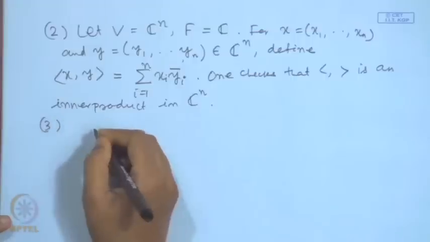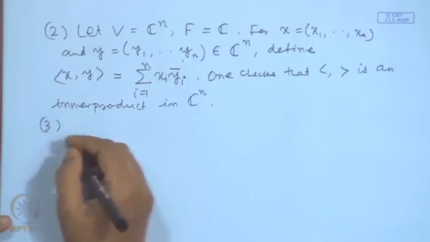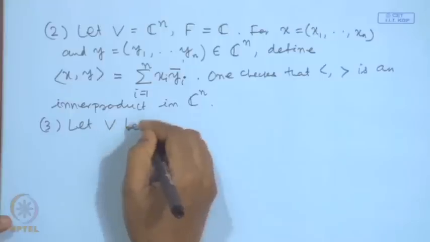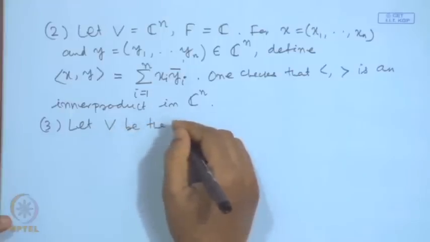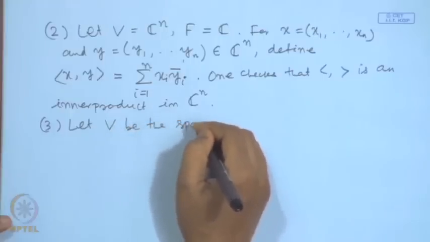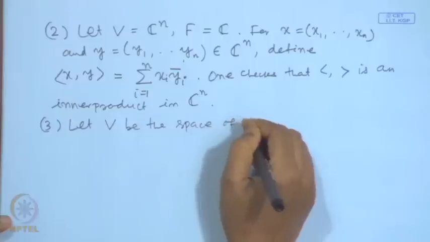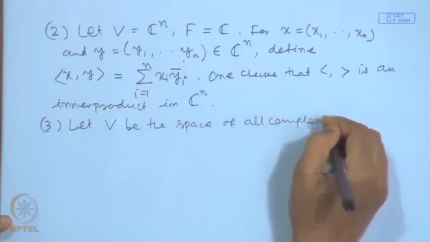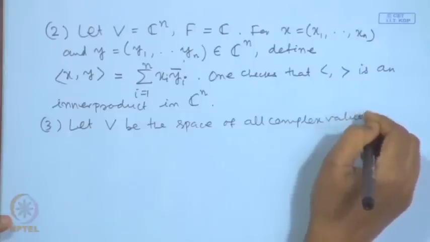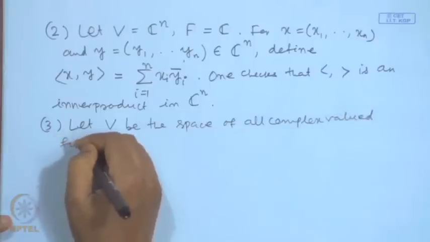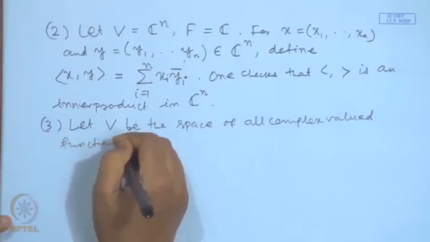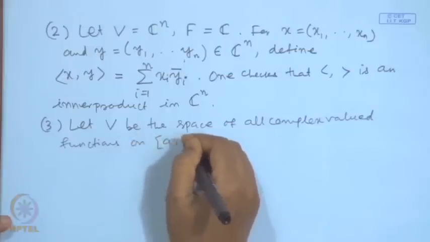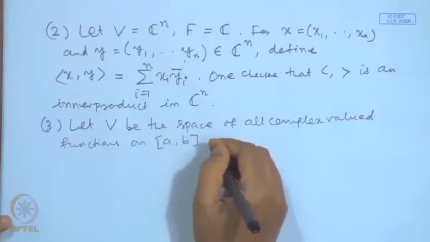The third example: here we consider V to be the space of all complex valued functions on the closed interval a b.